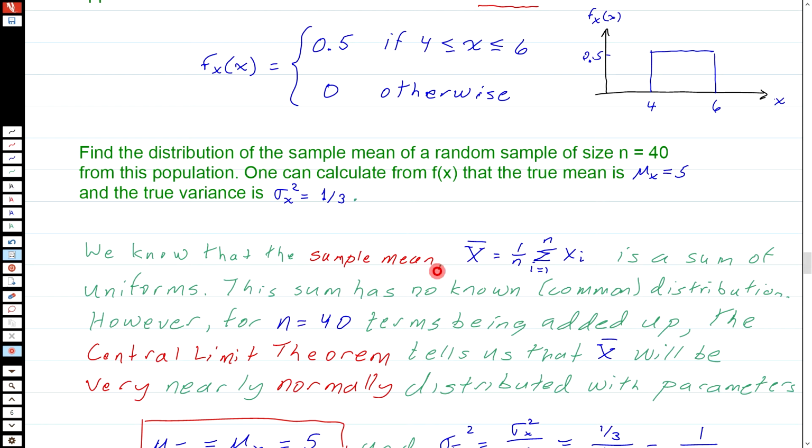Okay, so we know the sample mean x bar is the sum of the xi's divided by n. In this case, it's a sum of uniforms. The actual distribution of a sum of uniforms has no known, at least common, distribution.